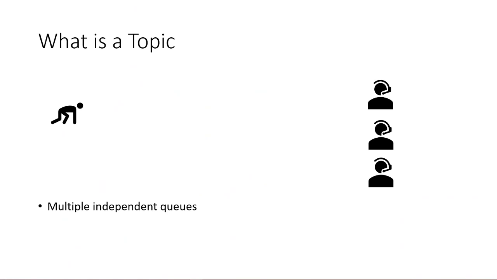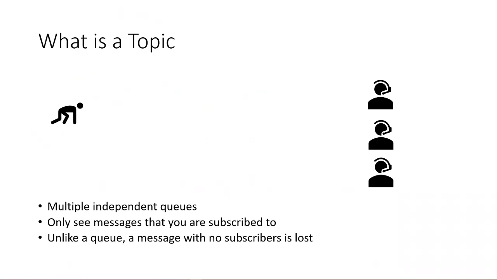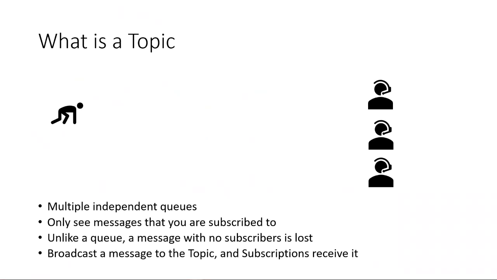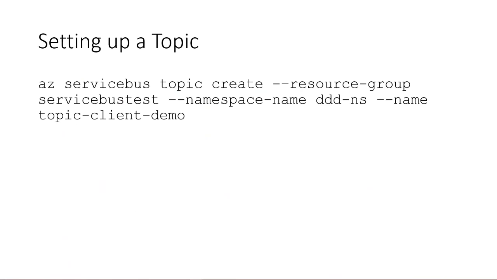So you have multiple independent queues, and you can only see messages that you subscribe to. So unlike a queue, a message with no subscribers, much like a tree falling in a forest where no one's listening, is lost. So you broadcast a message to the topic and any subscriptions receive it.